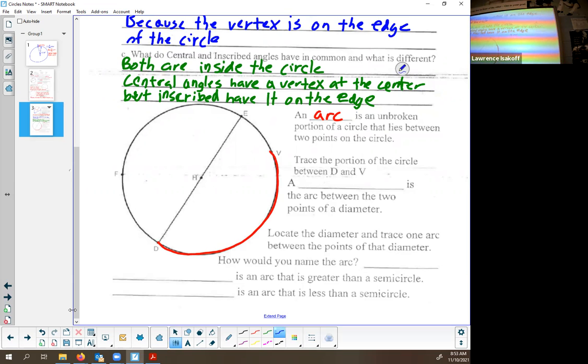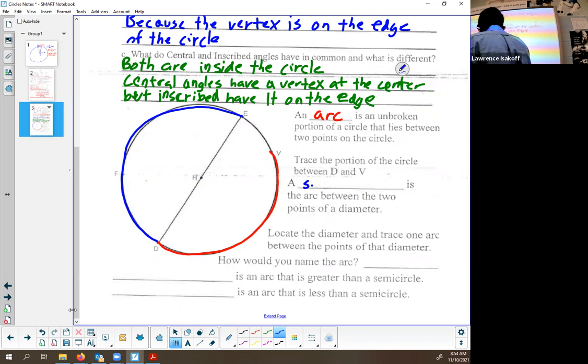If I go like this, from D to E, how will we describe what I just did in blue? There's a special word when it's half the circle. Semicircle, there we go.